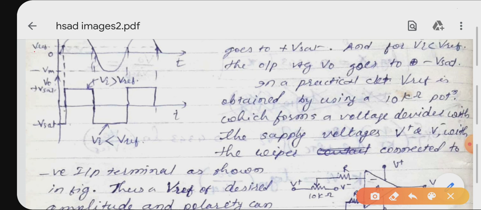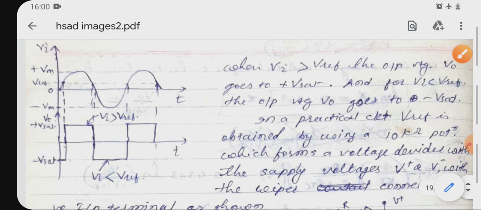The reference voltage is positive, that means above ground. The input signal is a sine wave. The DC reference voltage we have applied is above 0 because it is a positive reference voltage. So depending on that positive reference voltage, as it is a non-inverting comparator, you will get only plus Vsat and minus Vsat, two levels like this.